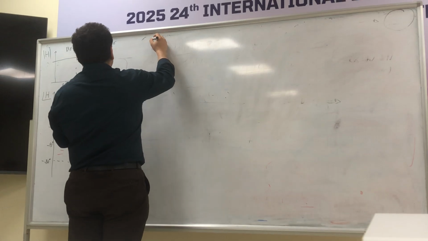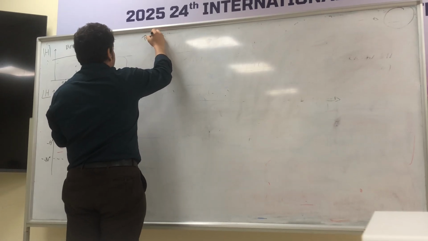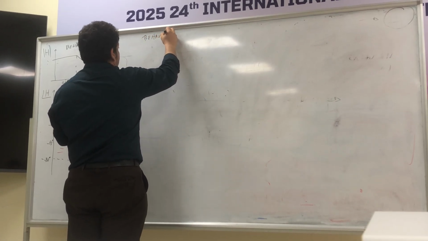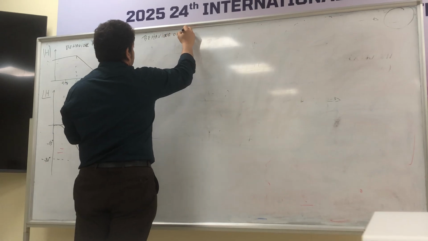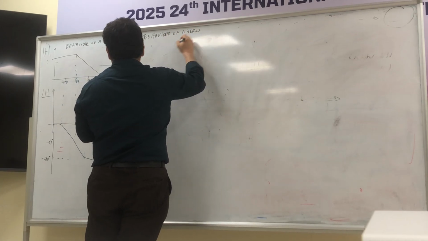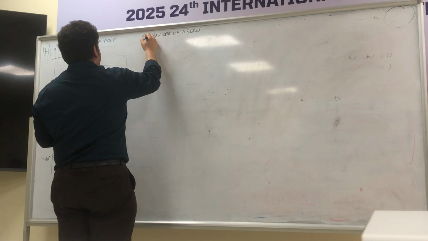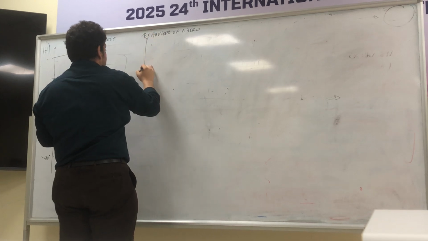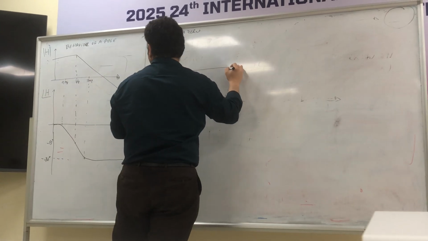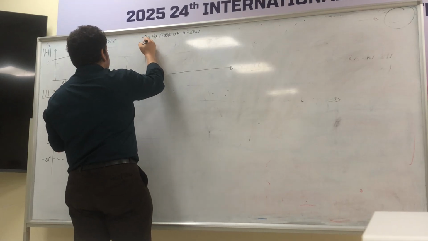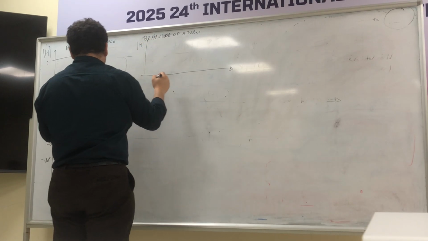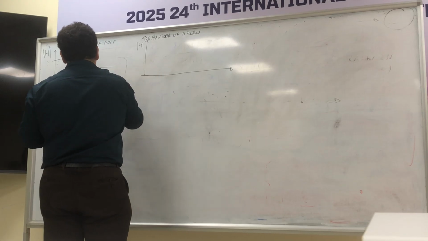Let's look at the behavior of a zero. If I have a zero, what happens?